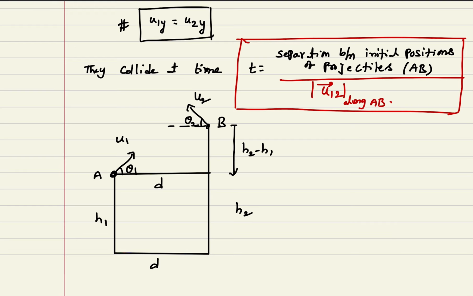Now you can see both will be going like this, and the first one is going like this. Somewhere they are colliding. When they collide, we can see what our relative velocity should be. I am redrawing the diagram.